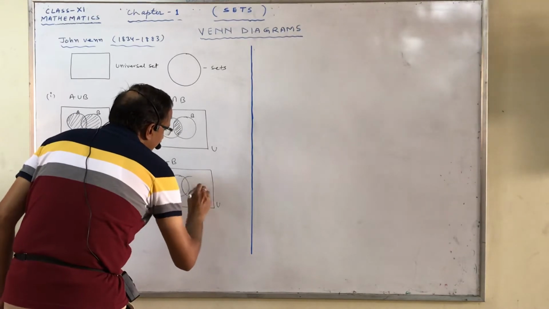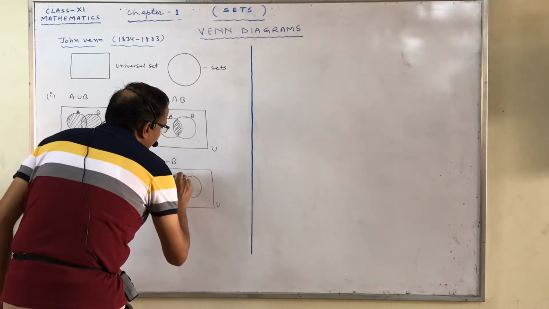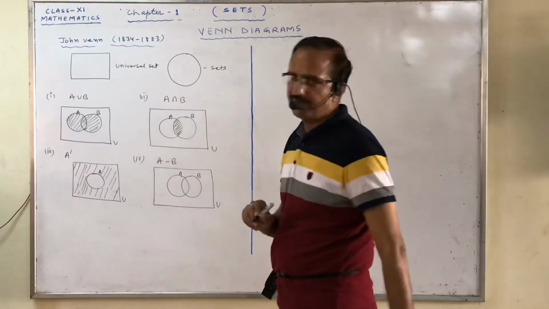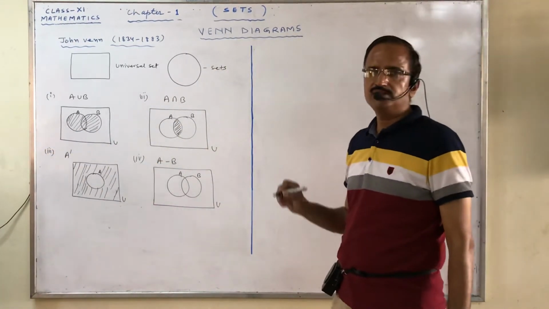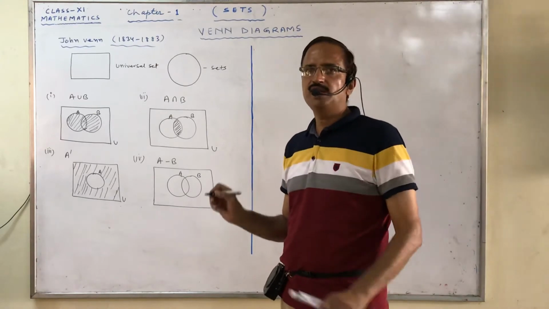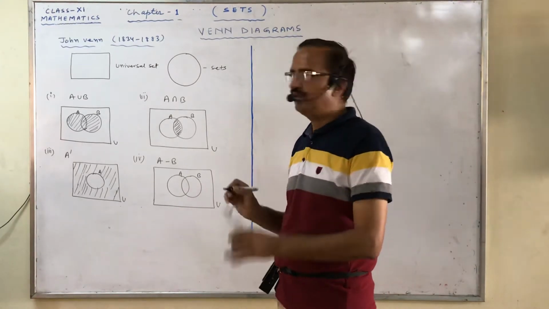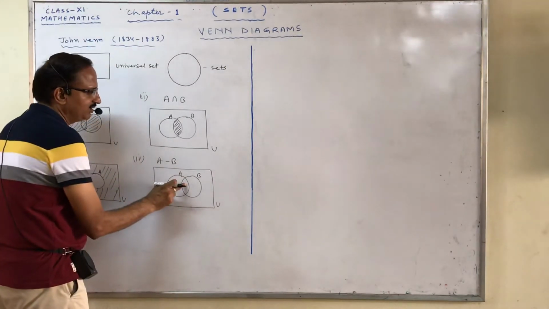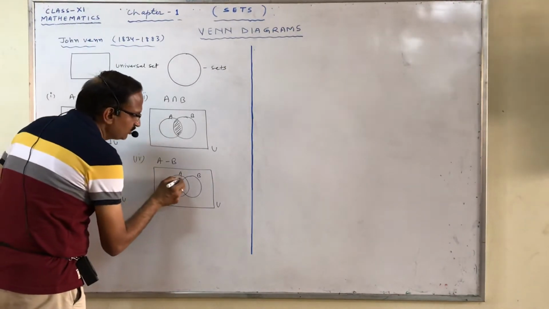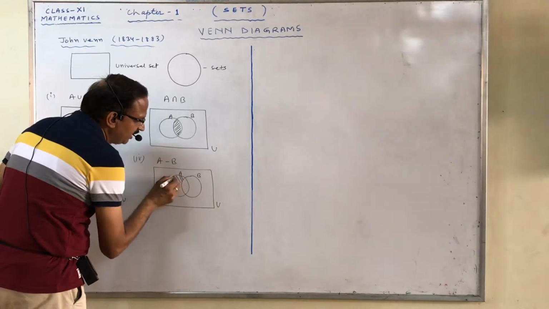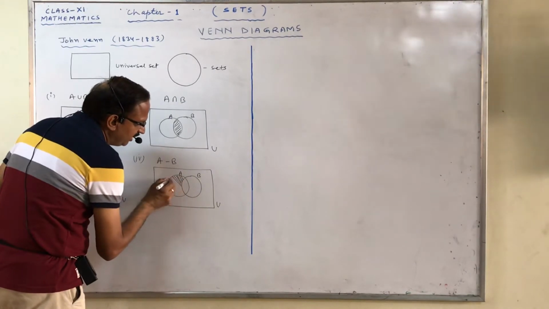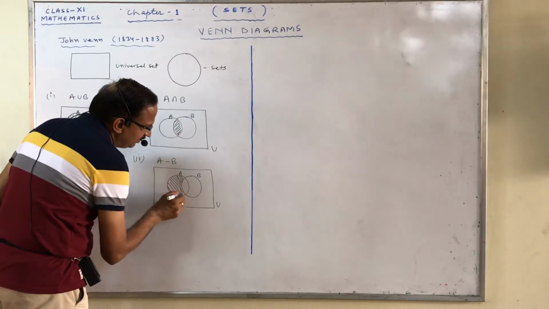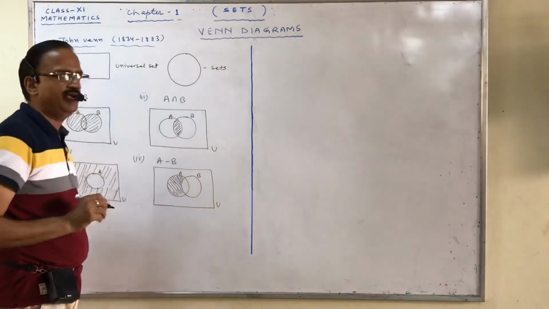These are two sets, A and B. Now the difference A minus B means elements of A except the common elements of A and B. So from A we will subtract these common elements. So the remaining elements of A will represent A minus B, or the difference of A and B.